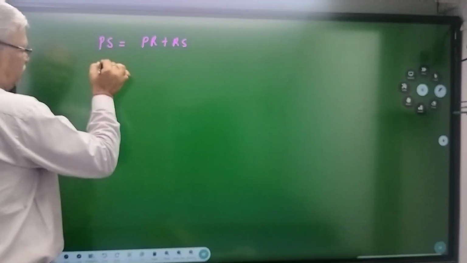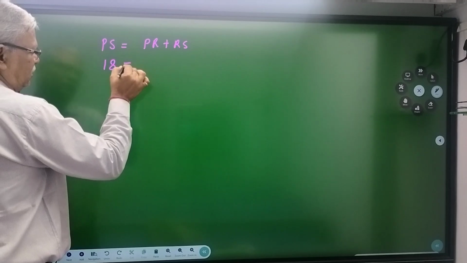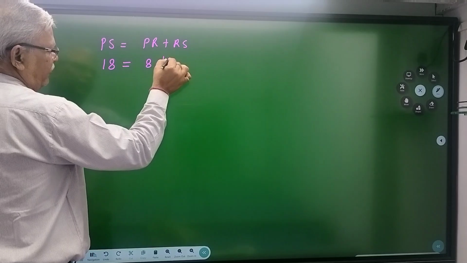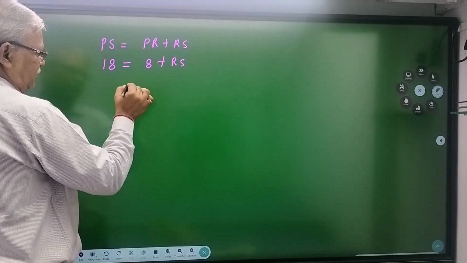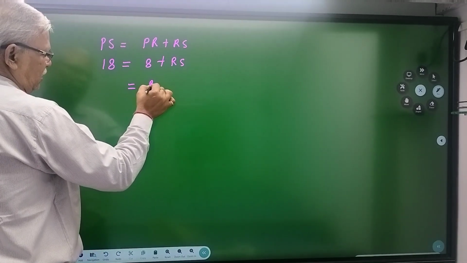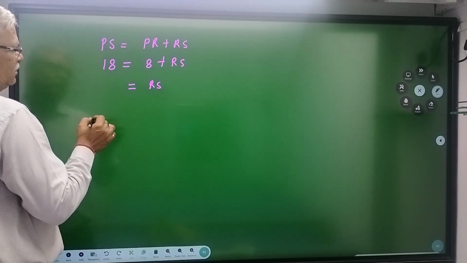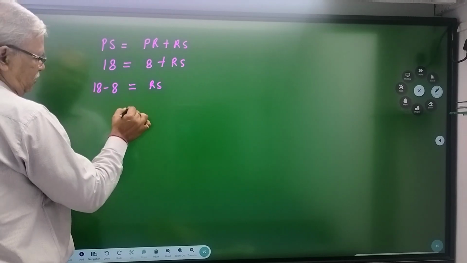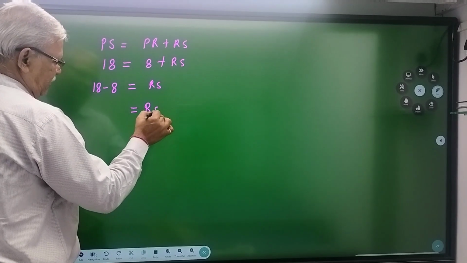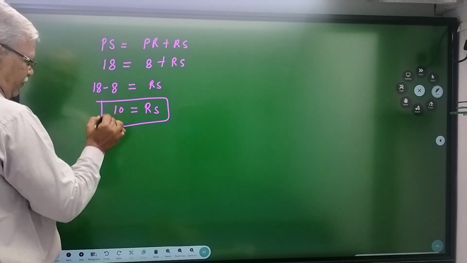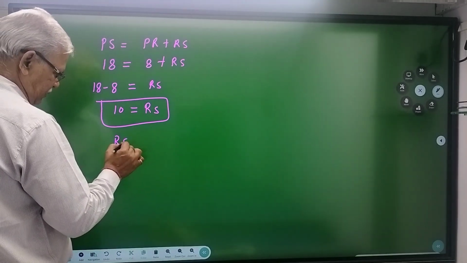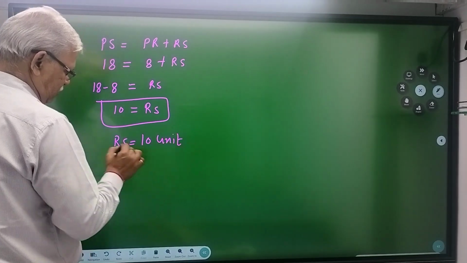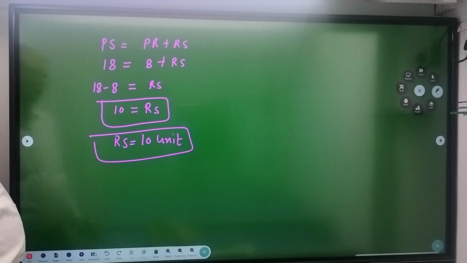PS is how much? We found that it is equal to 18. PR is 8 and therefore RS is equal to how much? 18 minus 8. Therefore RS is equal to 10. Again we will write here RS is equal to 10. Okay, this is your final answer.